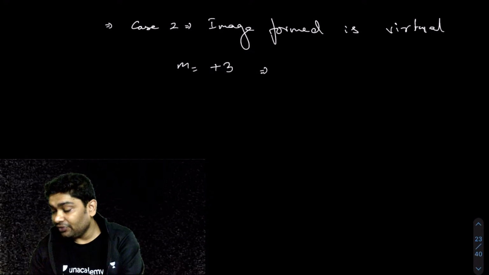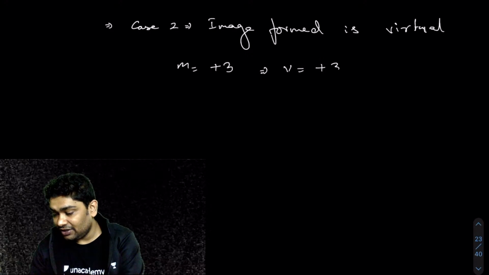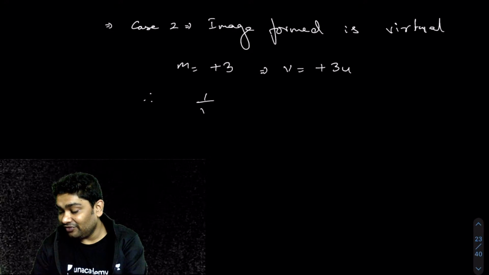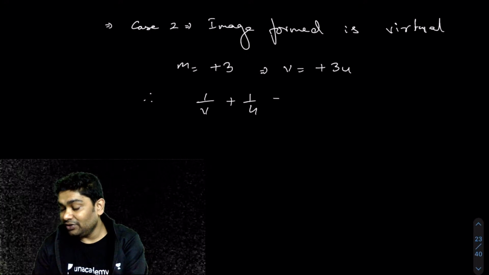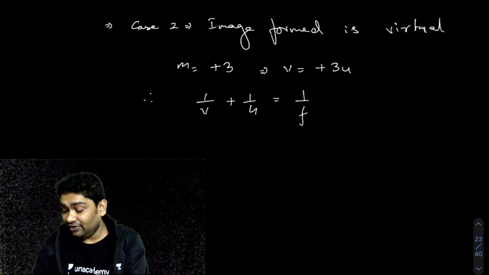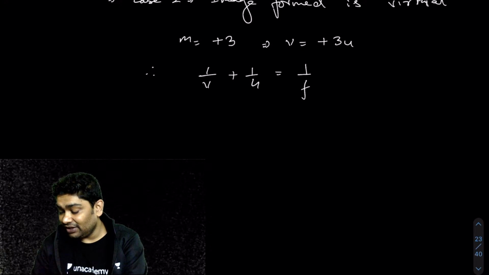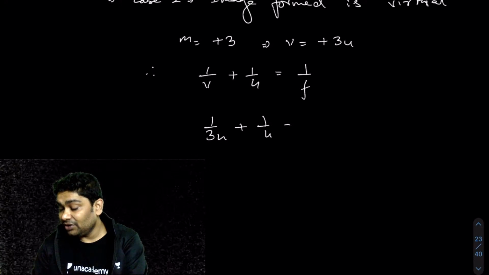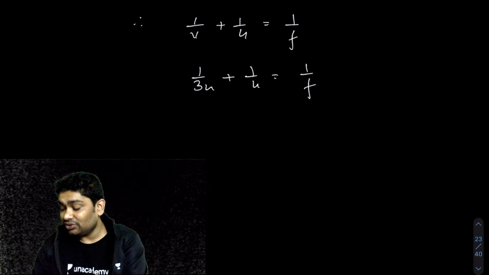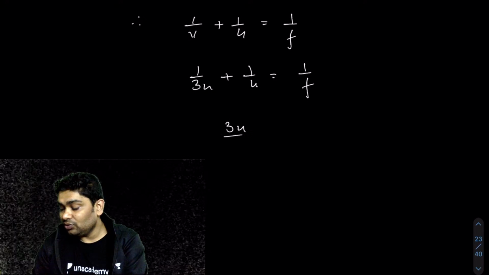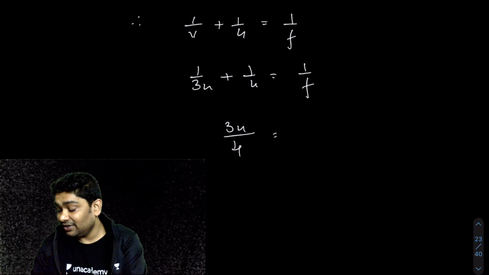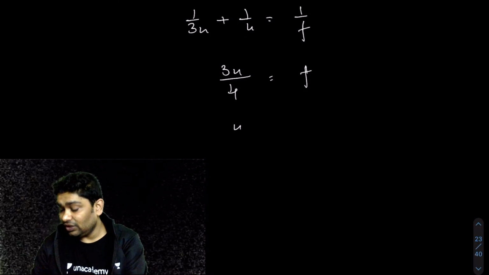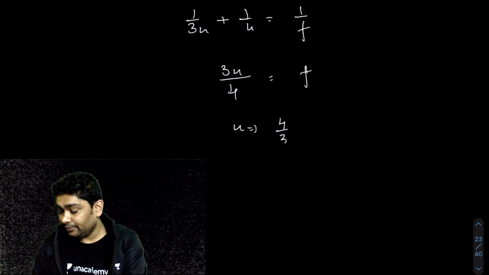So therefore, you would have written V equals plus 3U. So you would have had 1 over V plus 1 over U, which would have given you 1 over F. Your equation would have been 1 over 3U plus 1 over U equals 1 over F. So that would have given you 3U over 4 equals F, and hence U would have been 4 by 3 F.